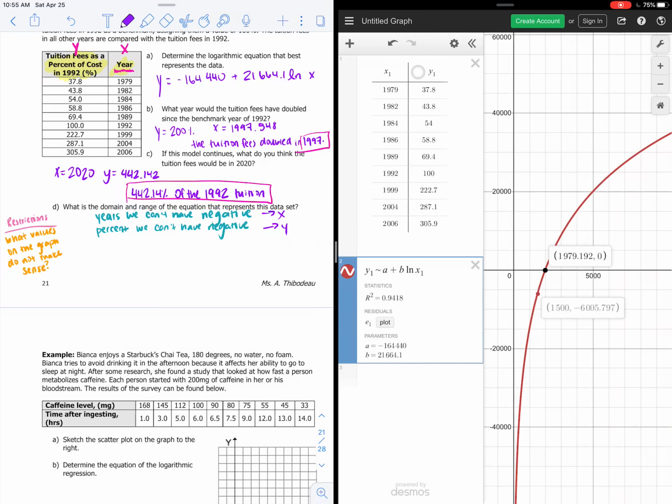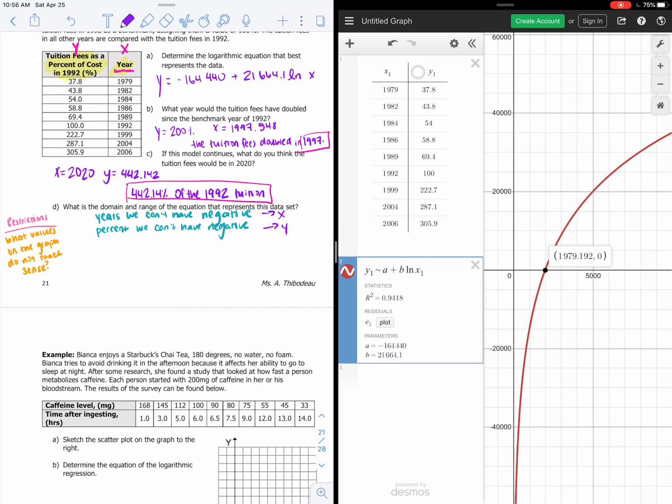If we went somewhere here, it gives us a negative percentage, which means even though those years can be graphed with a logarithmic function, those values don't necessarily make sense in the context of our word problem. So the limiting factor here is going to be our percent, because our percent can't be smaller than 0.